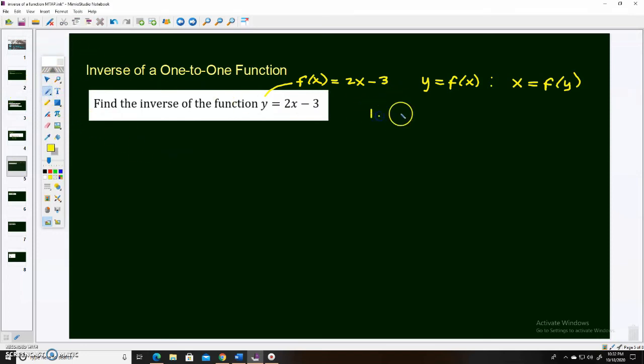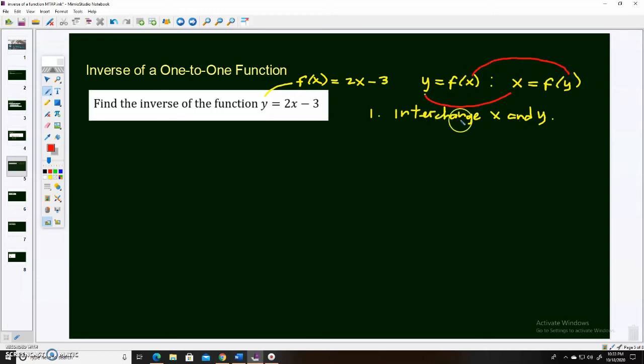The first step is to interchange the variables x and y. If we interchange the values of x and y, y will become x, and x here will become y.